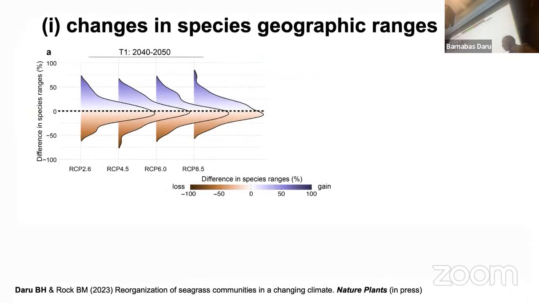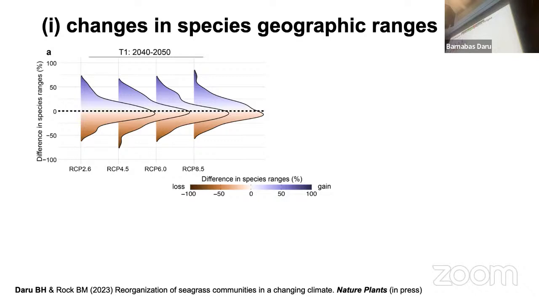So for the first one, here I show a map of changes in species geographic ranges. And this is under different scenarios of climate change, spanning from a best case scenario of greenhouse gas emission to a worst case scenario of RCP 8.5. And so here the colors correspond to predicted changes in species geographic range sizes, with the warmer colors corresponding to percentage range size loss, and cooler colors corresponding to range gains.